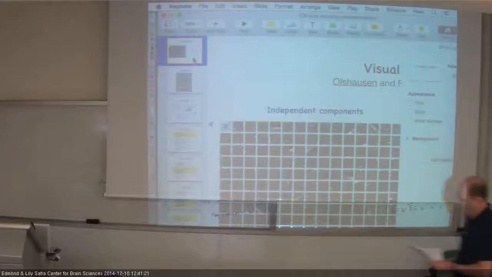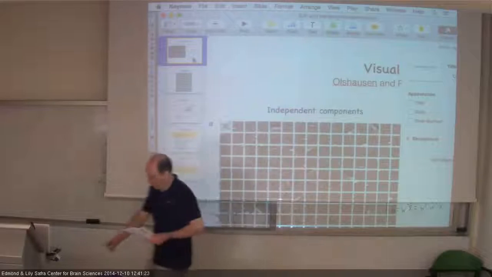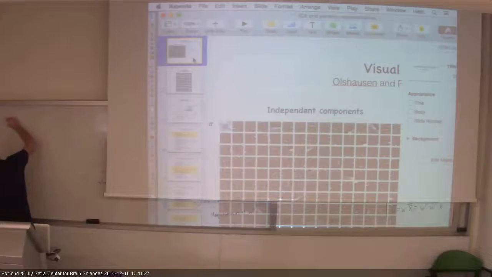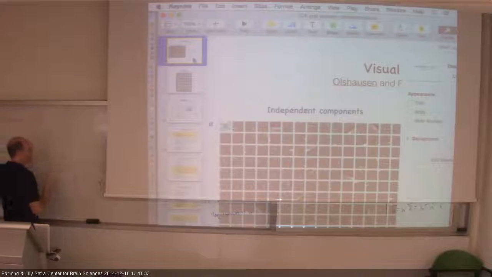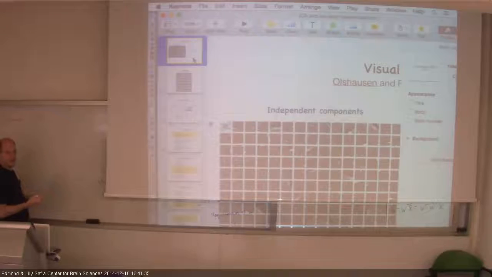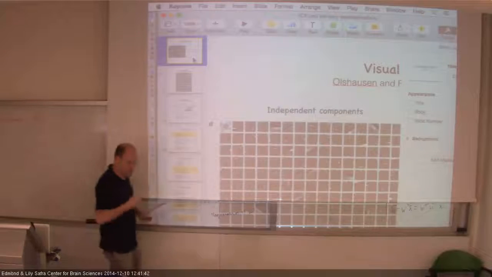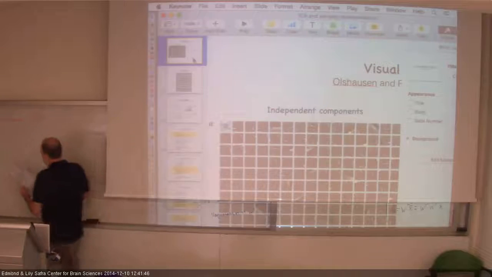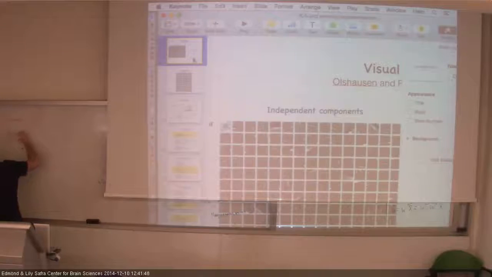There were two lines of work, one by Olshausen and Field. What Olshausen and Field said is that our transformation from the visual inputs to the representation in the cortex maximizes entropy or mutual information.